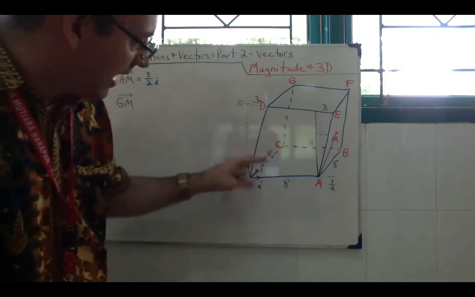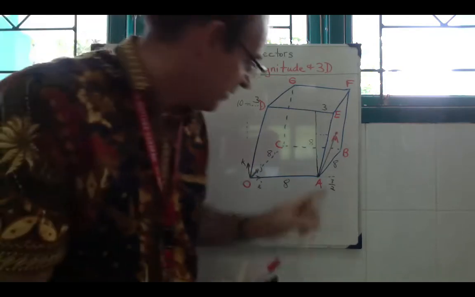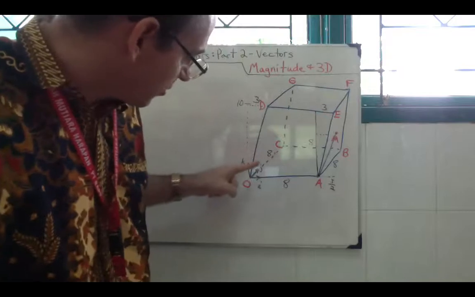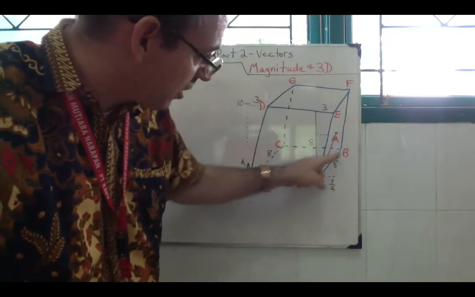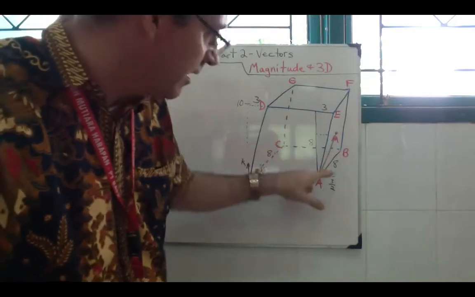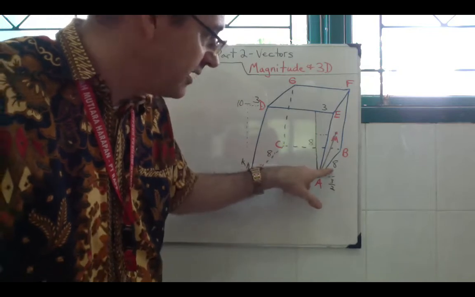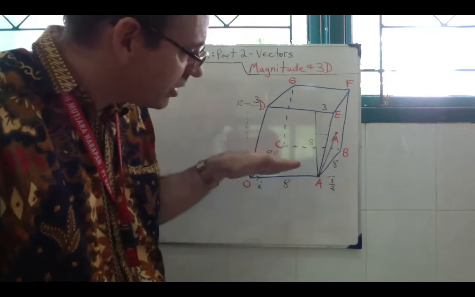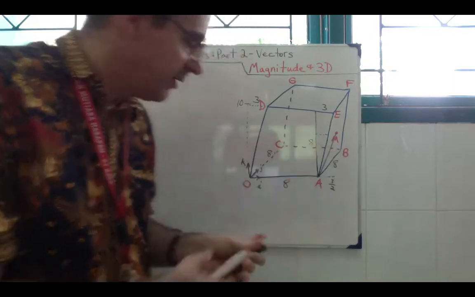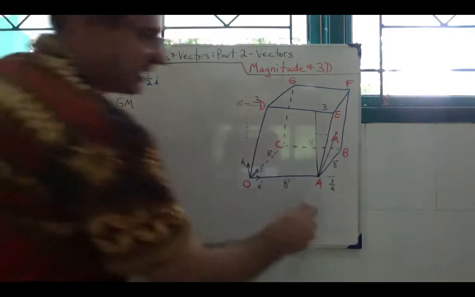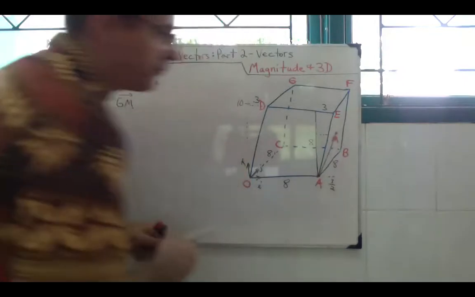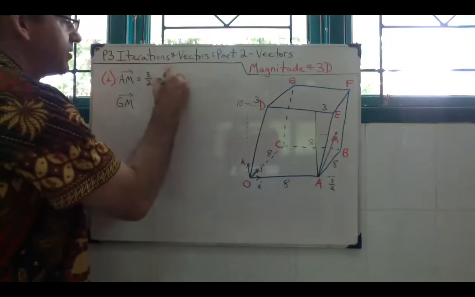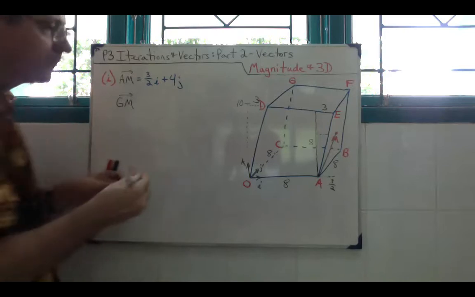Then you want to look at the J-axis. The J-axis, this is going straight along, and this is also following the same path. It is 8 units long. M, again, is the midpoint. So we're going to go into the board 4 units. Again, because it's the midpoint, it's halfway. So plus 4J.